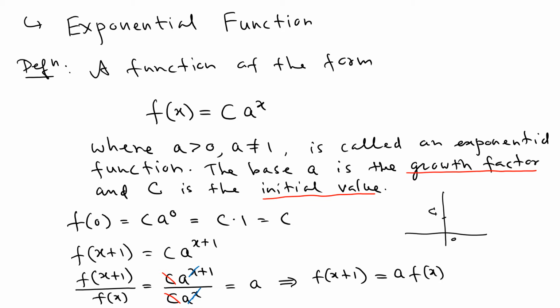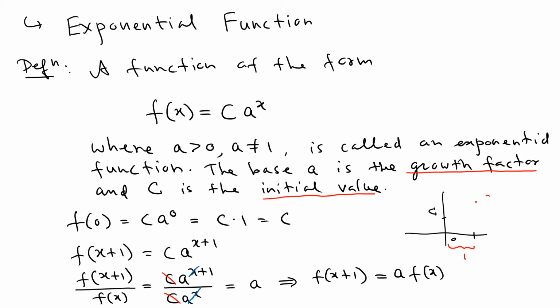That means every time you move 1 unit, the function grows a times. So if the value at 0 is c, then the value at 1 is going to be c times a.